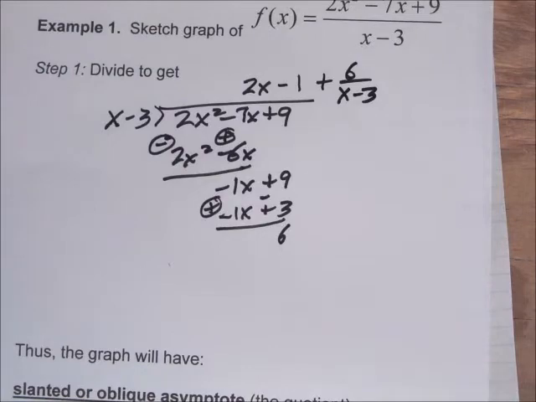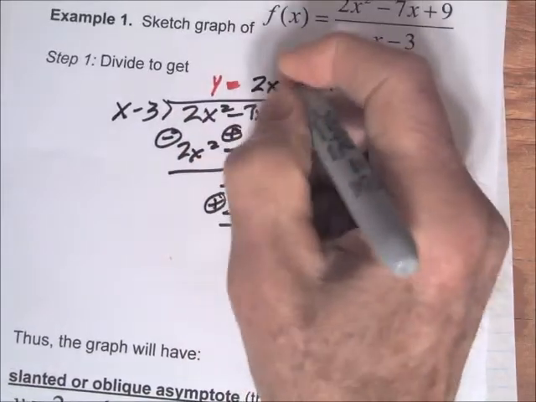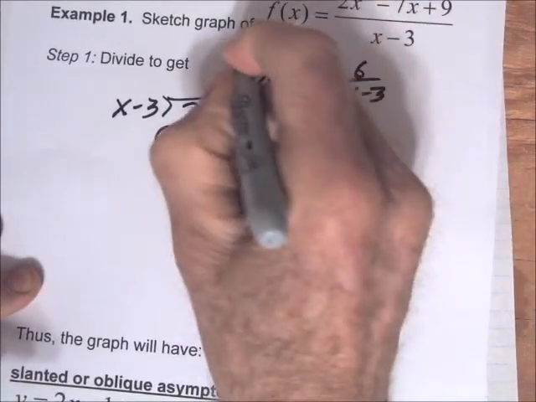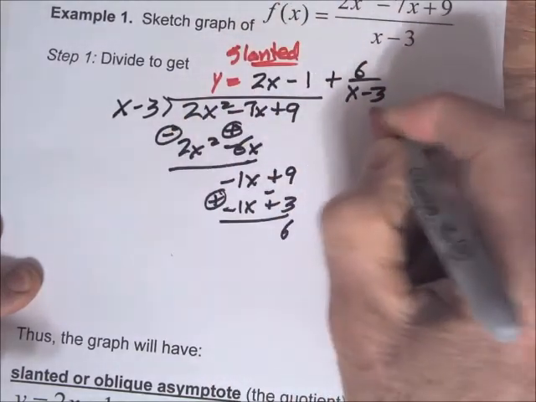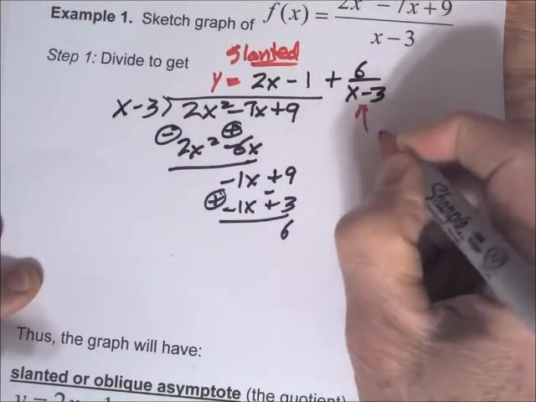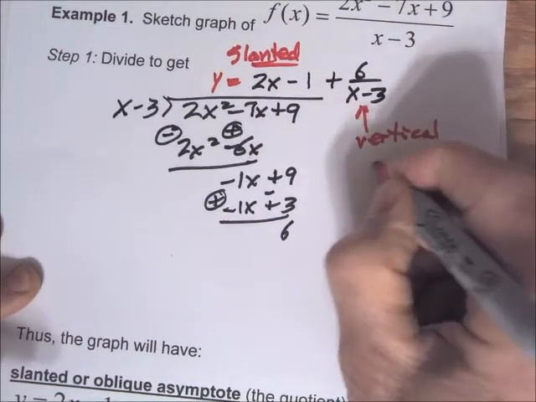So this tells us our asymptotes. We'll have a slanted asymptote with slope 2, y equals 2x minus 1. This is our slanted asymptote. And then we have a vertical asymptote, x equals 3.